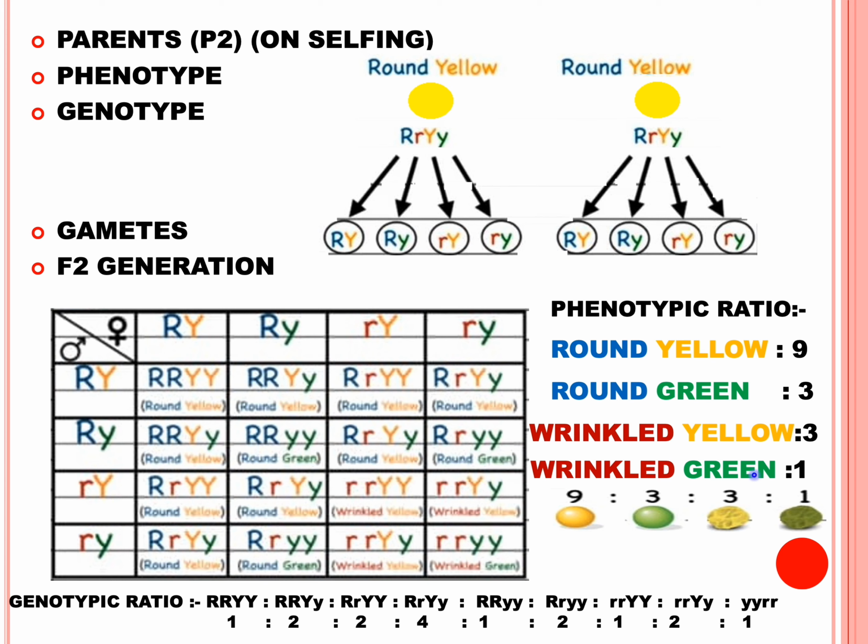Now students, you can see that in this whole dihybrid cross, round and yellow, wrinkled and green were the parental traits, but the new combinations obtained in F2 generation of dihybrid cross are round shape of seeds with green color and wrinkled shape of seeds with yellow color. None of the parents was having these type of combinations, but in F2 generation the new combinations were obtained in the ratio of 3:3.